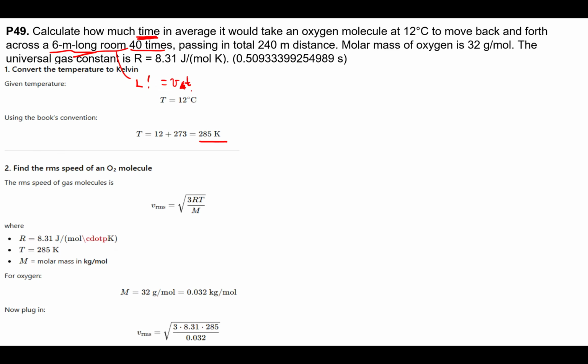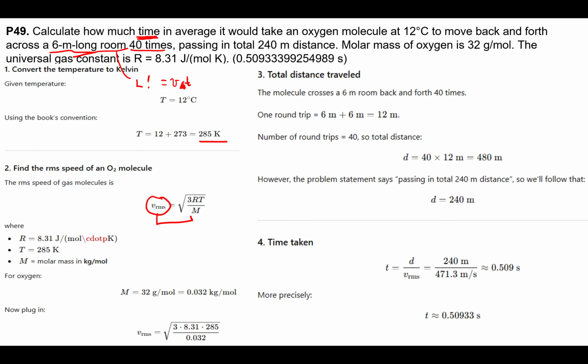In this case, this is an ideal gas, so we have this relationship, and then we can find the root mean square velocity of the oxygen molecule. One round trip is 12 meters, and with 40 round trips we have the total distance.